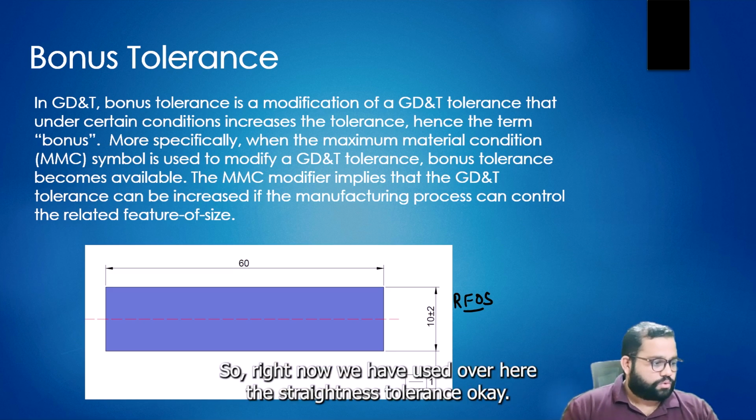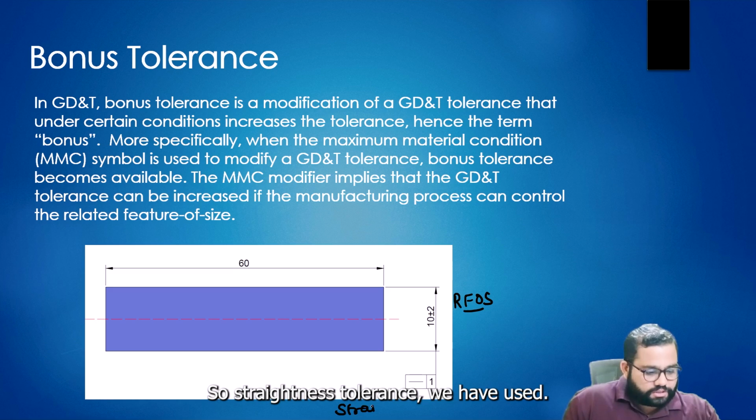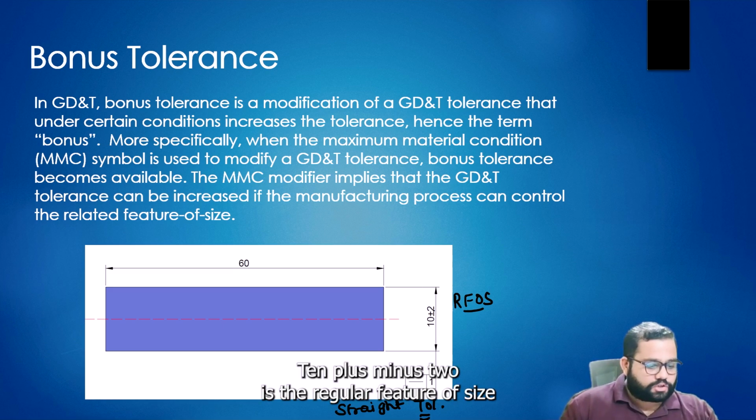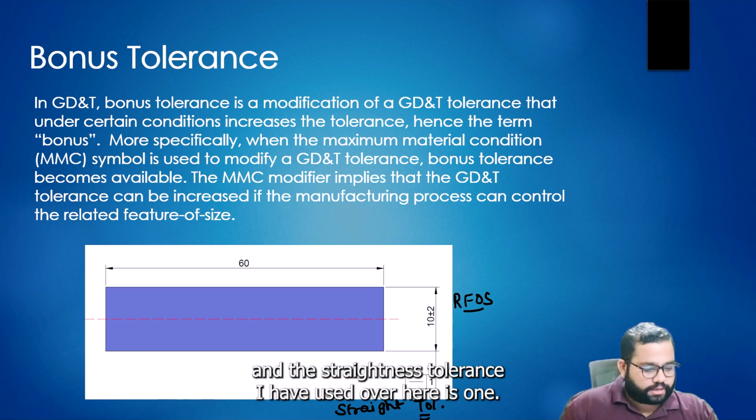Right now we have used the straightness tolerance of 1 mm. 10 plus minus 2 is the regular feature of size, and the straightness tolerance I have used over here is 1 mm.